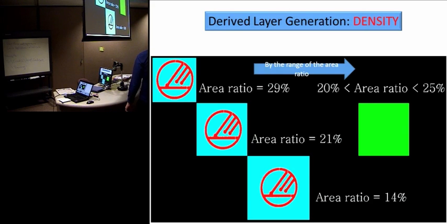So here we set an area ratio 20 to 25, and you can see here 14%, so the logo is smaller in each one. So we create these layers for ratios outside of that range, and then anything that's in between 20 and 25 will be the green layer. I think this is outlined in the brochure a little bit nicer.